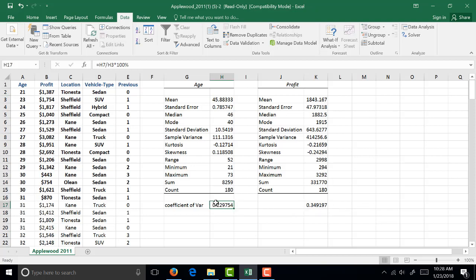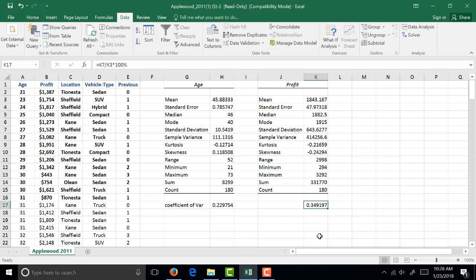So what this means is that there's actually less variance because it has a lower percentage. There's less variance with our age than there is for our profit in terms of percentages. So this is one way that we can compare these data sets, because they're totally different, right? Once again, different units: age in years, and profit in dollars.